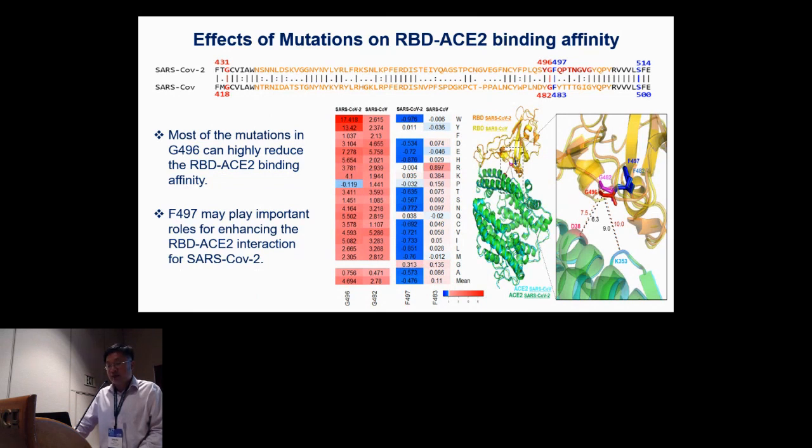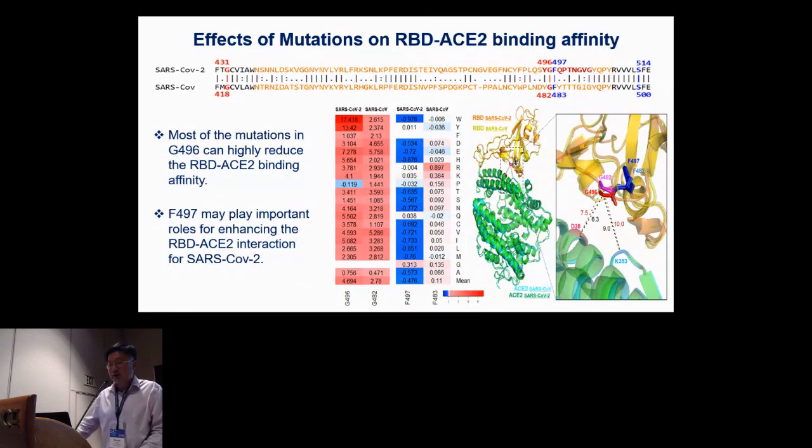Many mutations could actually enhance binding affinity in SARS-CoV-2, but in SARS-CoV-1 they have almost no effect on binding affinity. So this residue could be very important for spike-ACE2 interactions.